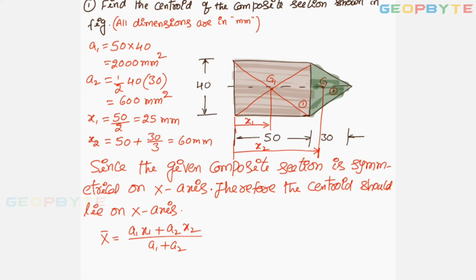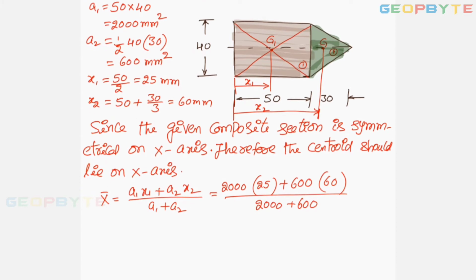Then let us write the values. a1 2000 into x1 25 plus a2, a2 equal to 600 into x2 60 divided by 2000 plus 600.